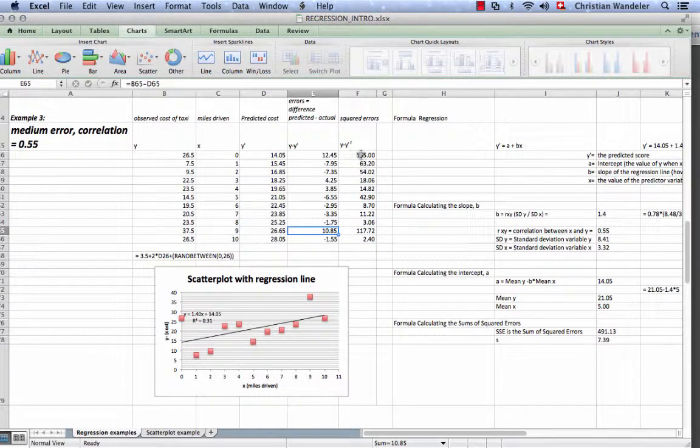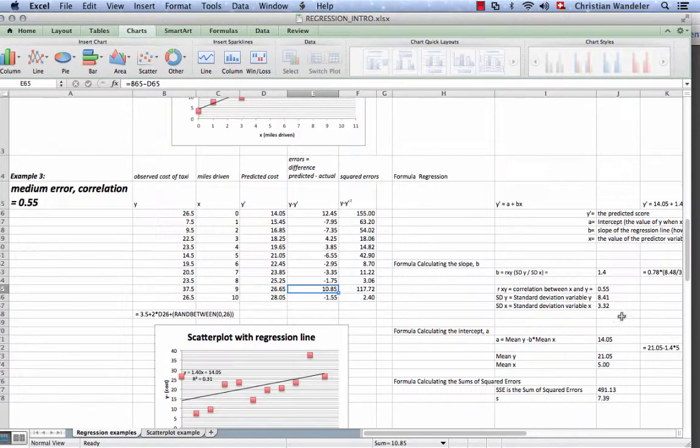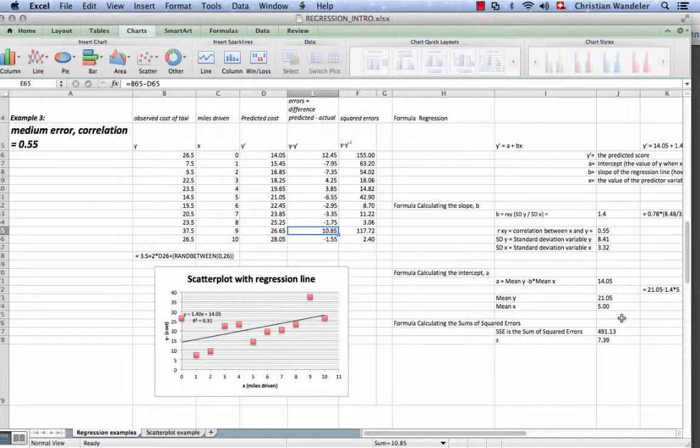Now we do the same thing. We square all these differences here. We add them all up, and we get the sum of the errors squared. Then we figure out the standard deviation. We see that now it's 7.39. So our estimate has a much larger standard error. We could also see that if we square the correlation of 0.55, it would be 0.31.